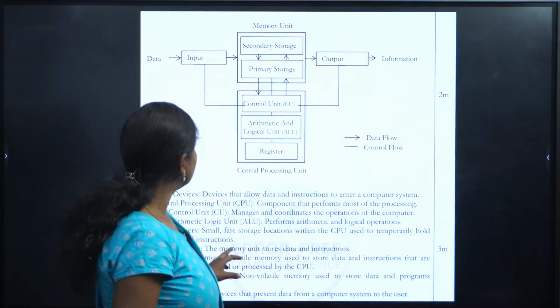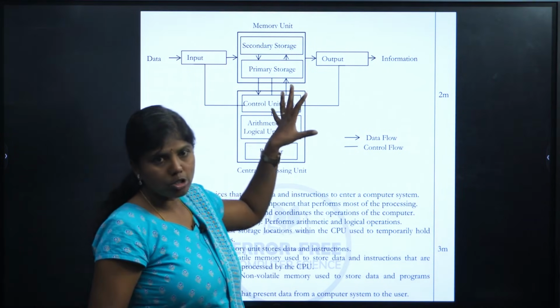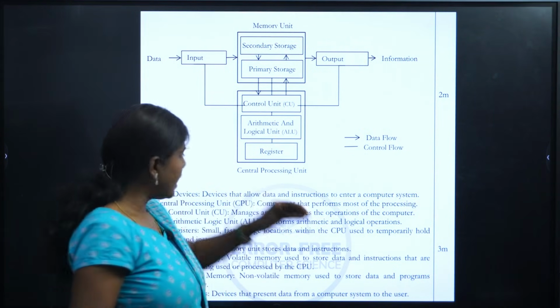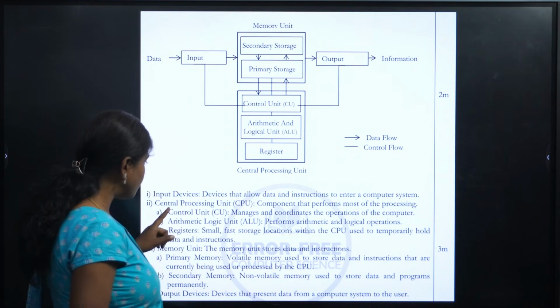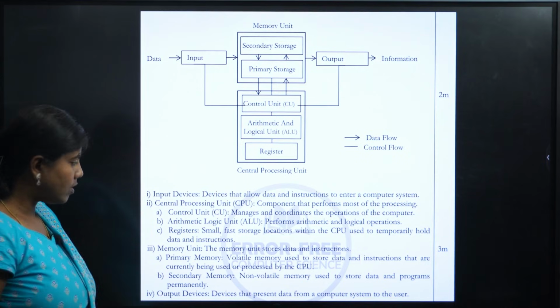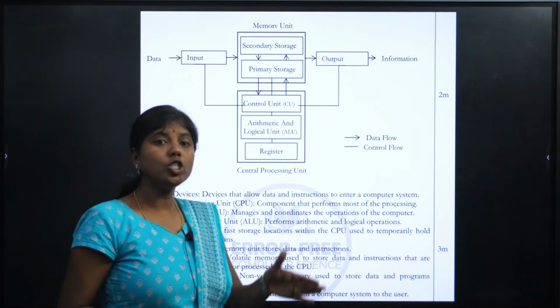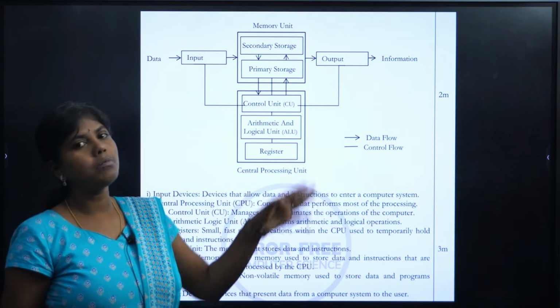Ensure that, students, when you're explaining here, you need to write this functional block diagram that carries 1 mark, and each unit will carry 1 mark. We have an input unit, a CPU unit, a memory unit, and an output unit. So 4 units are there, each carries 1 mark, so 4 plus 1, 5 marks.